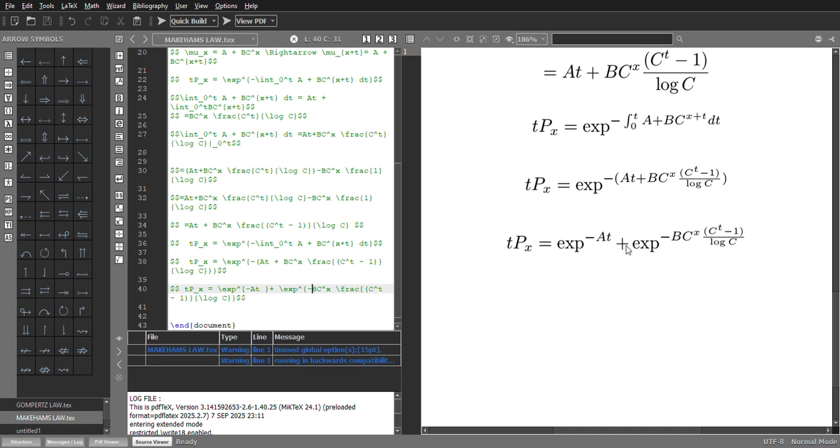Remember, this one is a multiplication, not an addition. So we're supposed to have a multiplication sign here.